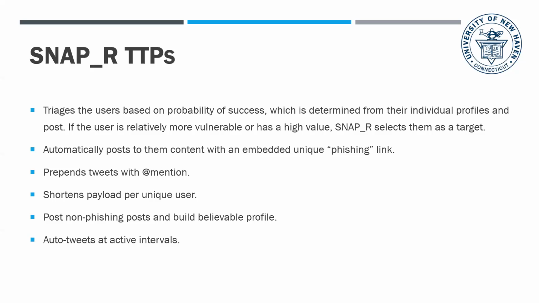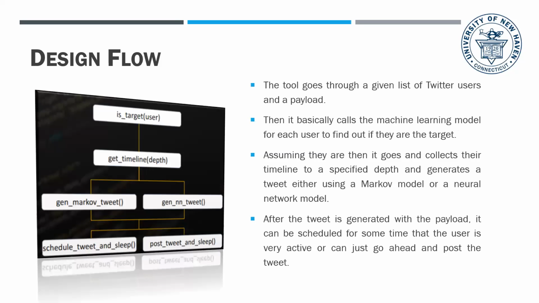And the other tactic that they have used is shortening of the URL, the phishing URL or the payload. And at last, they have introduced code into the tool that will post the phishing tweets at particular active intervals of the user, which we'll be discussing further.